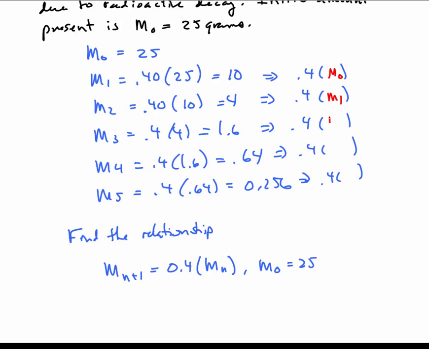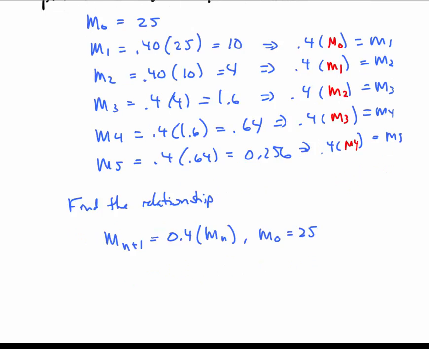So m naught, m1, m2, m3, m4. Now remember, this was m1, this was m2, this is the third term, the fourth term, and the fifth term of the sequence. So we can see that this is always one less than the current term I'm on. So this helps me find that value.